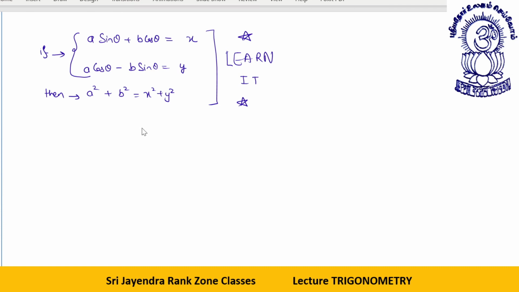Proof also, you can say, let's say this equation is A, this equation is B. Let me just check if all this is visible on screen. Yes, this is visible on screen. Now what will happen if I do A square plus B square like this?